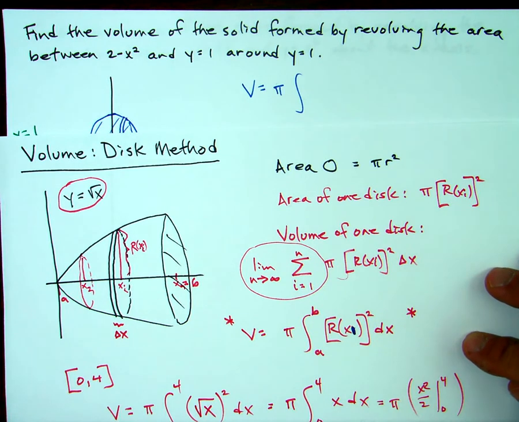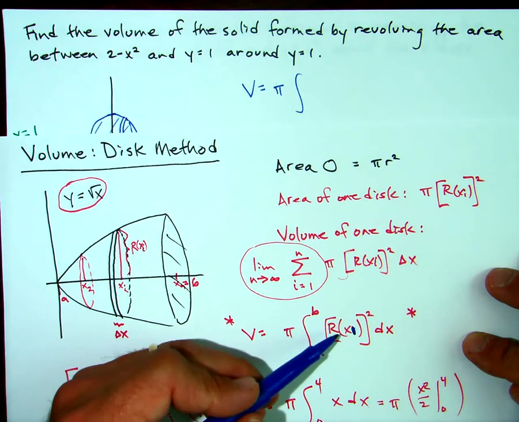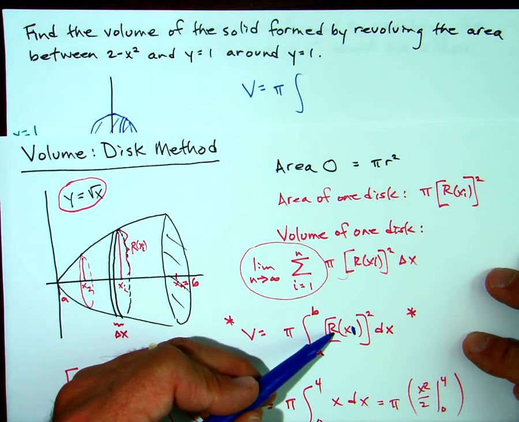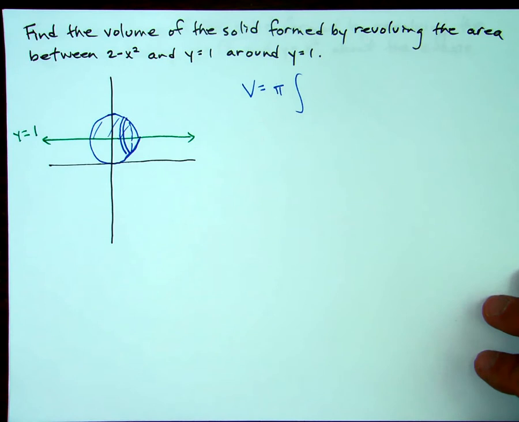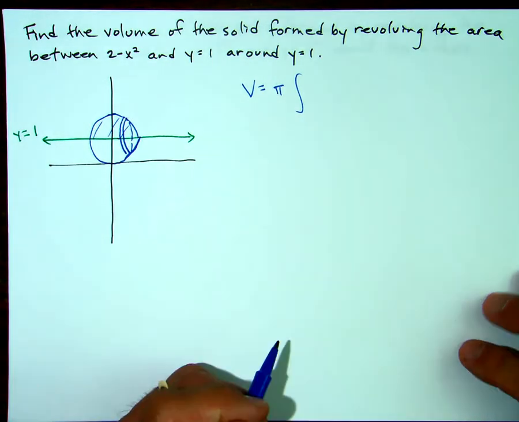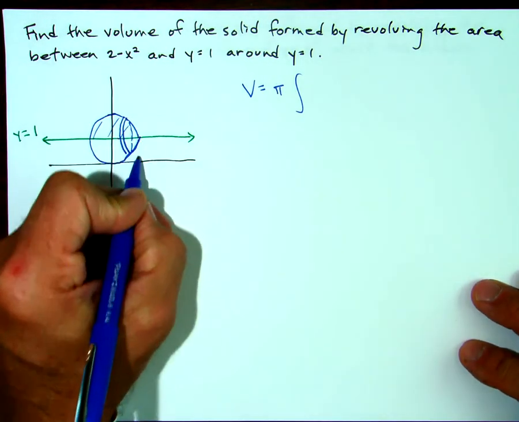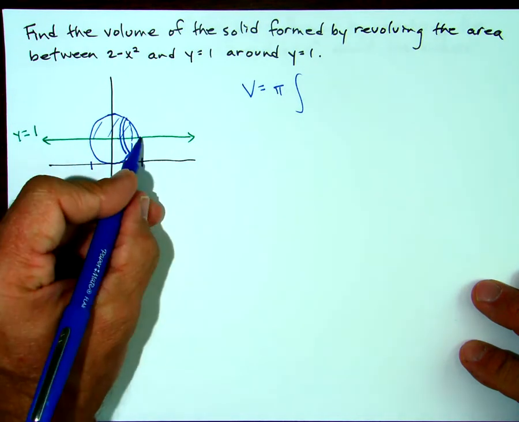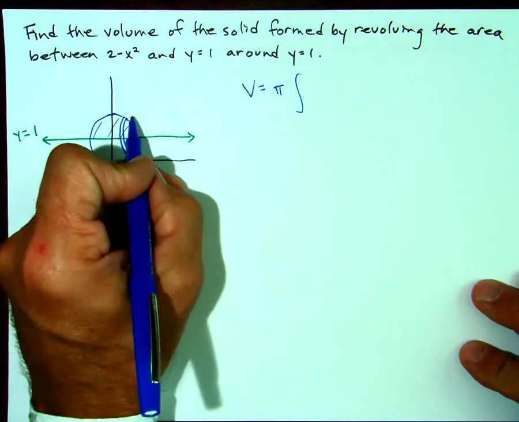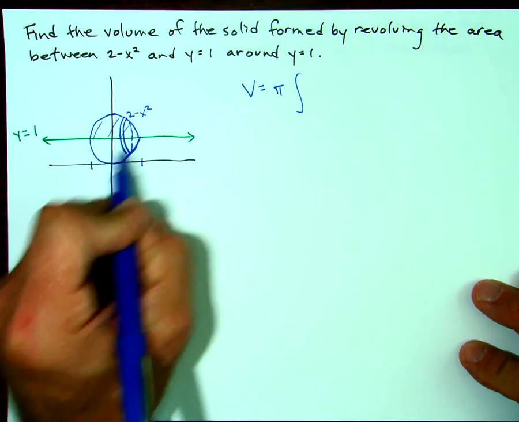In this case, the square root of x. All right, so what we have to think about is what would be our radius in terms of x, and then what would be the bounds, all right? That's what we have to figure out before we can fill this out. Well, these are the bounds. It'll go from here to here. So what we need to figure out is where does 2 minus x squared intersect with y equals 1?